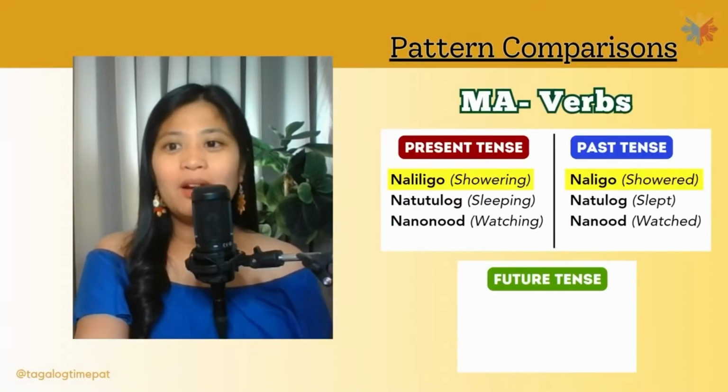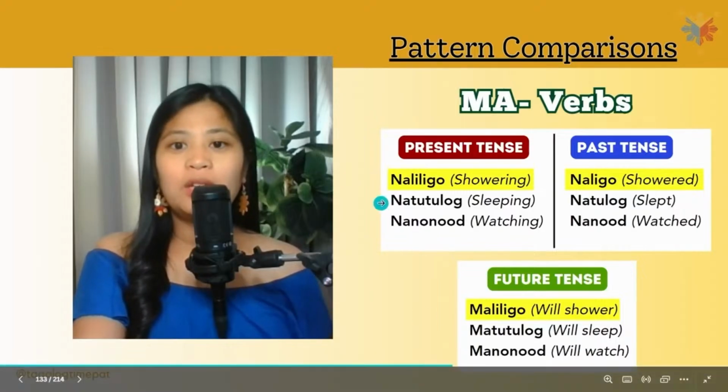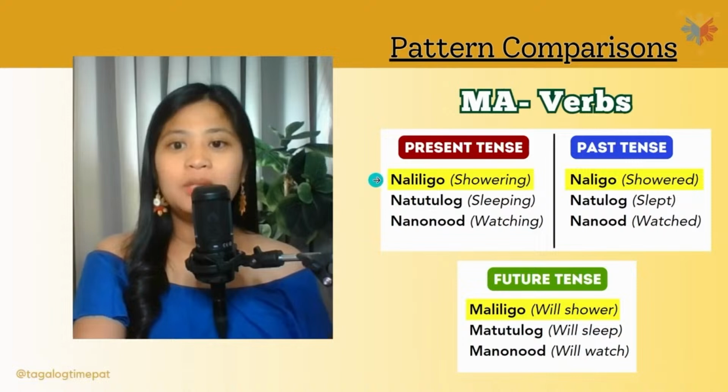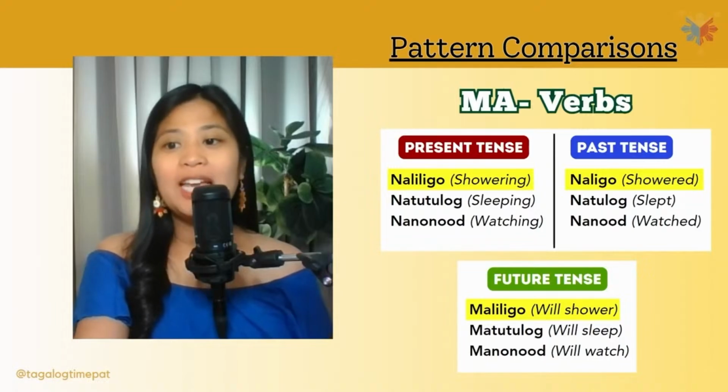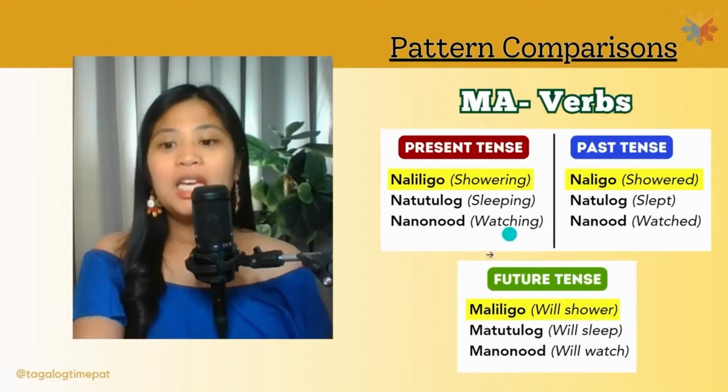Now let's compare all of the tenses together for ma verbs. Let's just take a look at the highlighted ones. Maligo means to shower. In the present tense, it's naliligo ako. Showering, taking a shower. In the past tense, it's naligo, showered. In the future tense, it's maliligo.